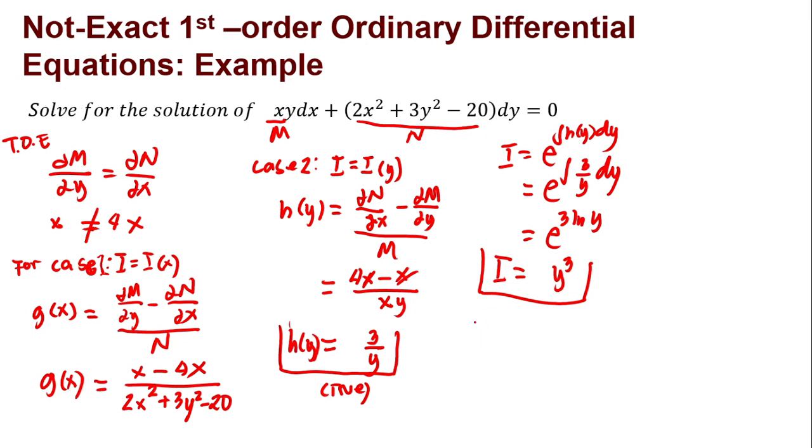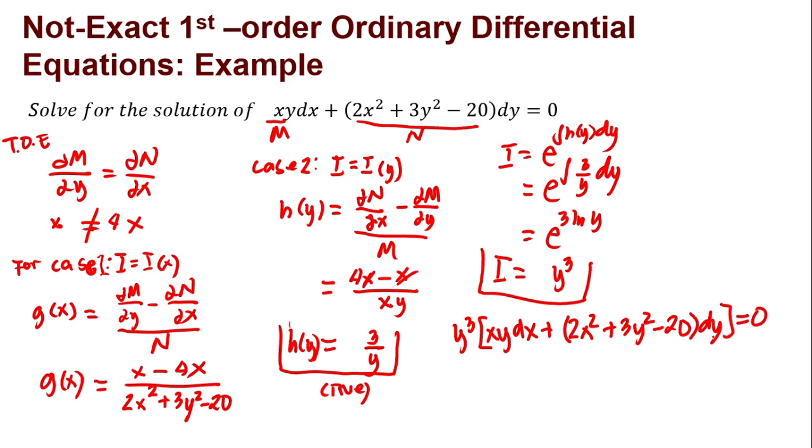So we multiply y cubed with our differential equation, xy dx plus quantity 2x squared plus 3y squared minus 20 dy equals 0.